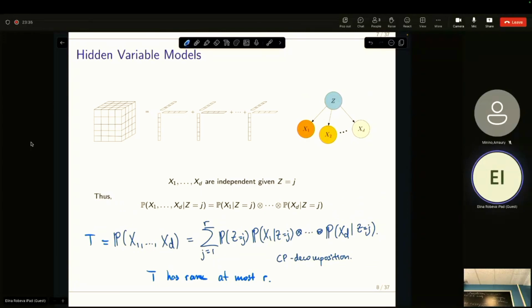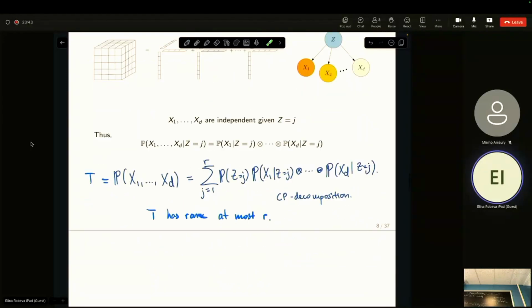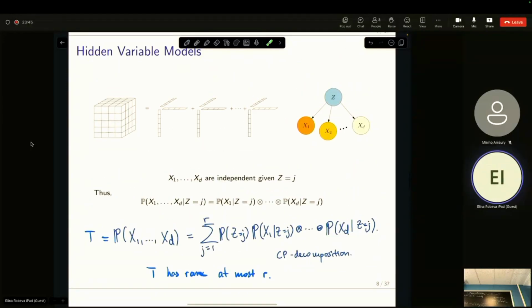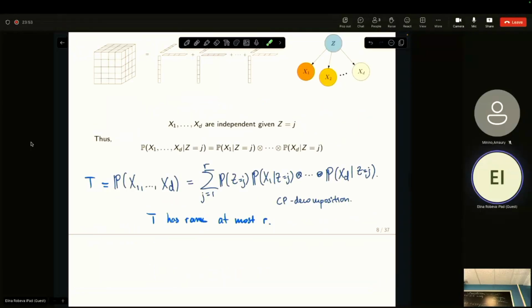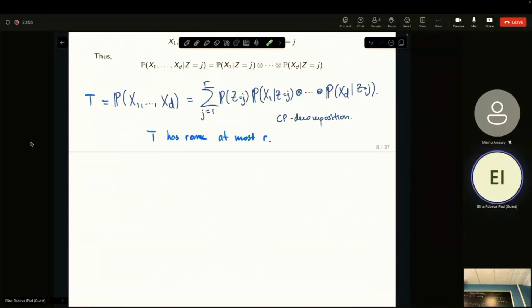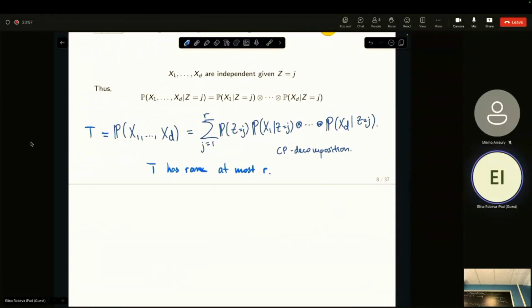Okay, so maybe you're wondering, you just made this up, is this even a reasonable model to assume? So I have an example of this model that I can try to convey. I'm just going to take d equals 3, and I'm going to have 3 variables, x1, x2, x3.